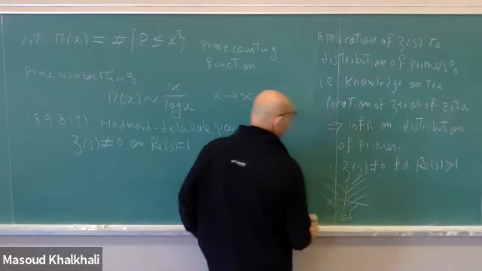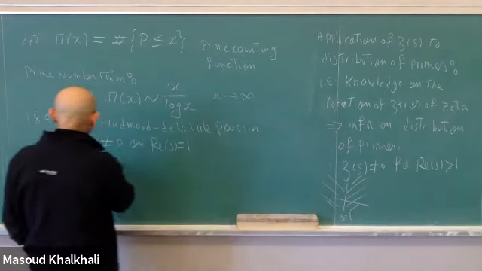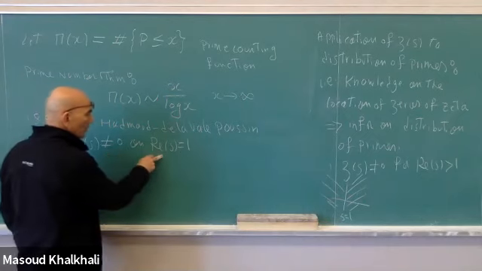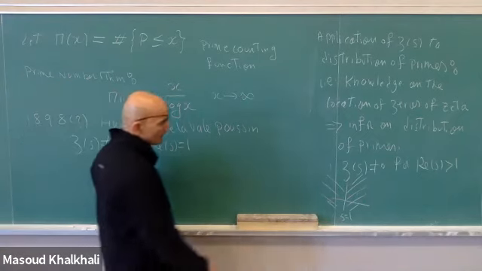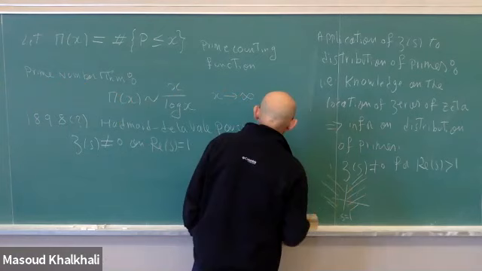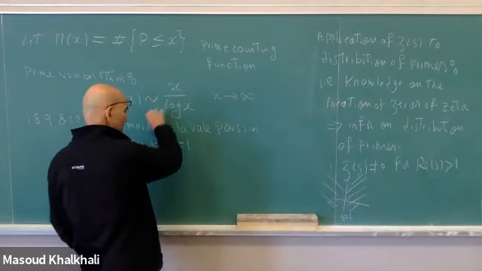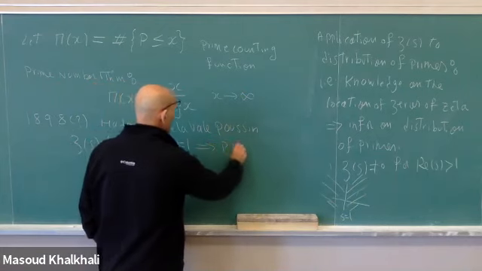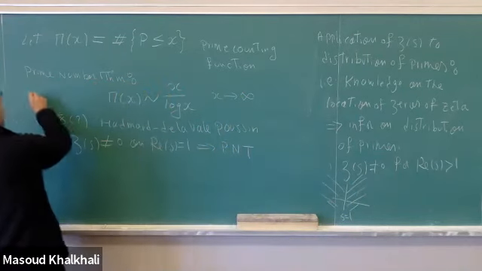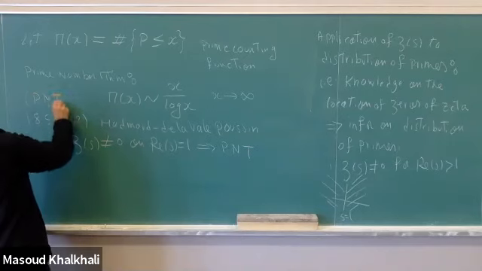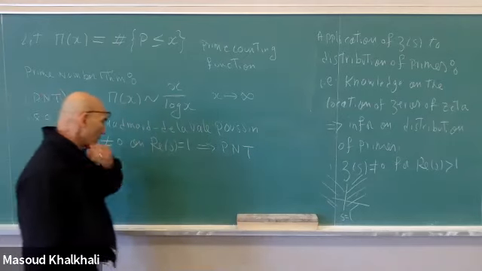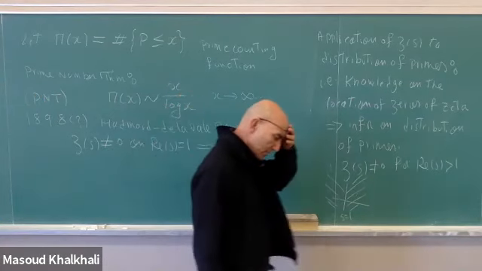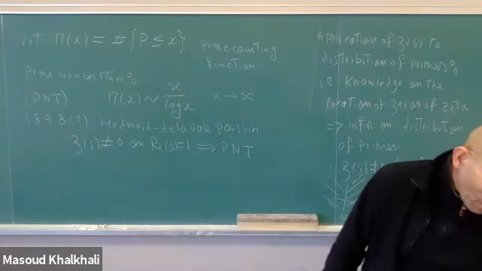But what they showed is that if you prove that zeta of s is different from 0 on real part of s equal to 1, then this follows. This follows the prime number theorem, PNT. Okay? So this was a major thing.